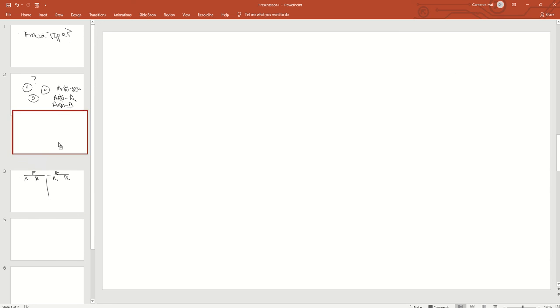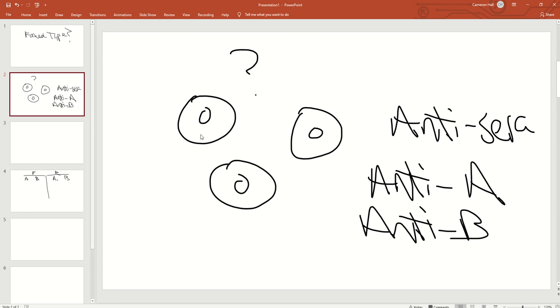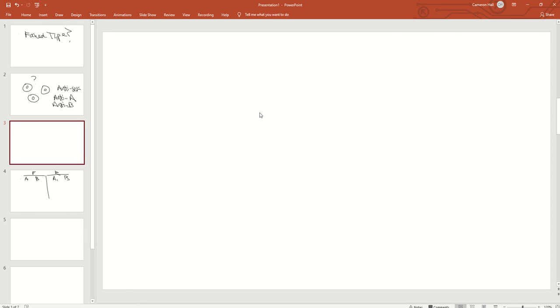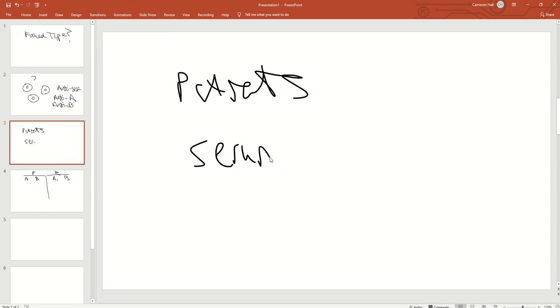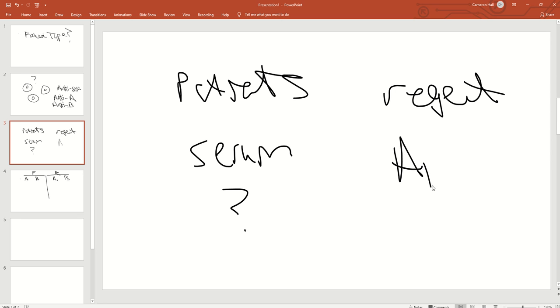But before I get ahead of myself, I meant to talk about what a reverse is. So reverse is the opposite of forward. So with reverse, what you do is you take the patient's serum, and that's the unknown, and then you mix it with reagent cells. There are A1 and B cells.